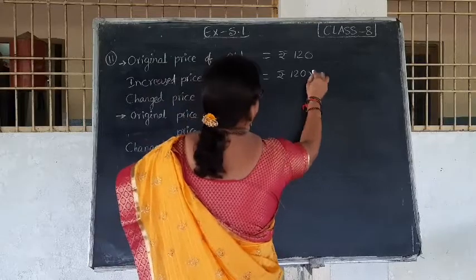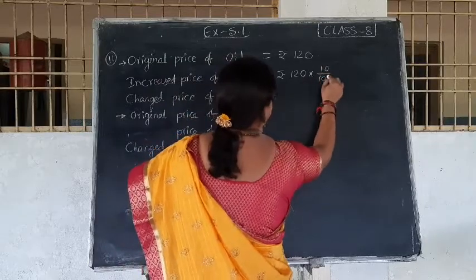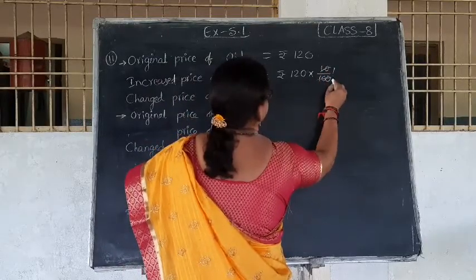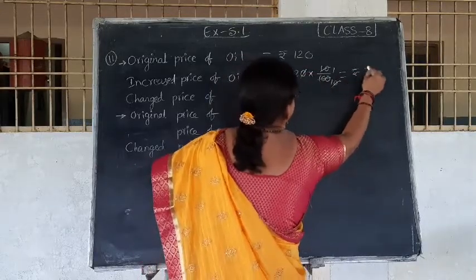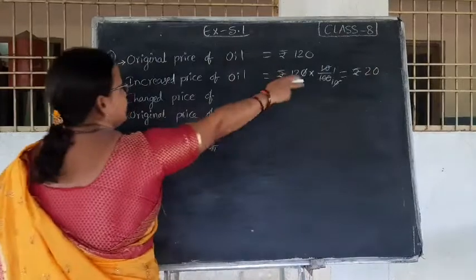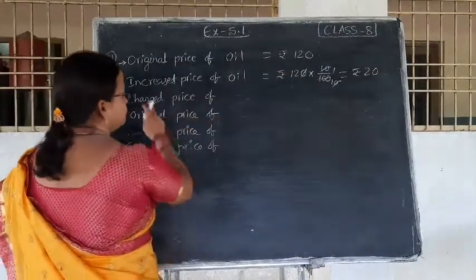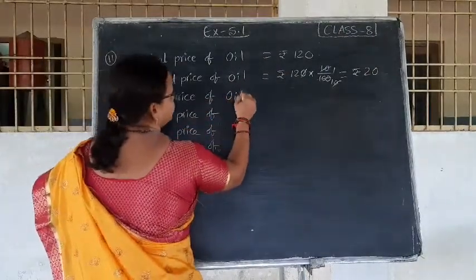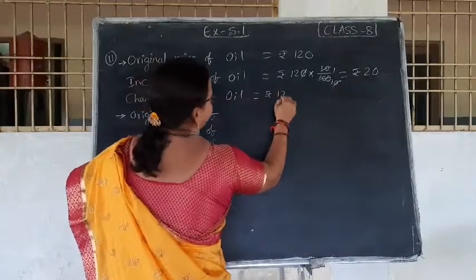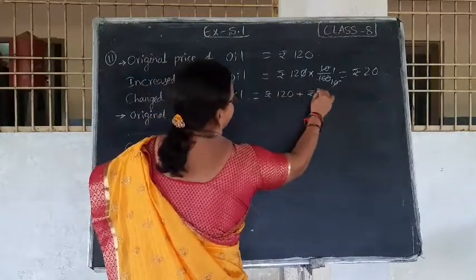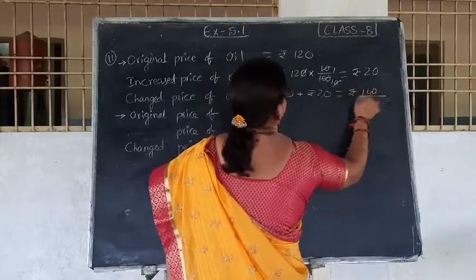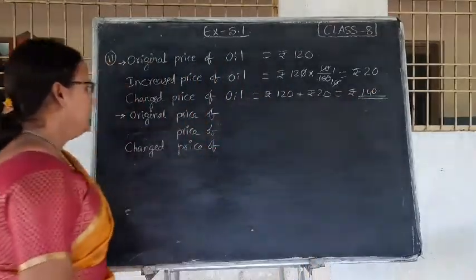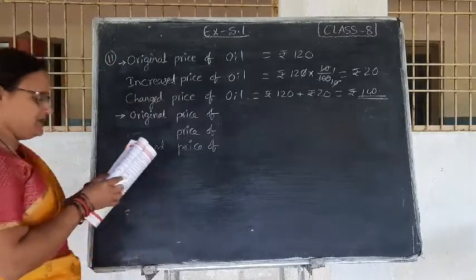So original into 10 by 100. 10 by 100 means 10 ones, 10 tens, and the 0 cancels. 12 rupees increased. So the changed price of oil is original 120 plus increased 12. So the total cost is 132 rupees.